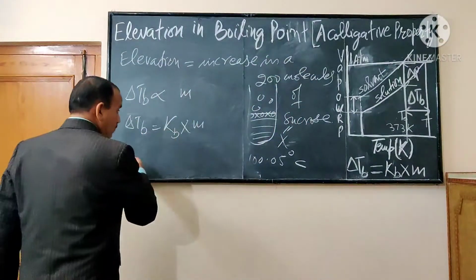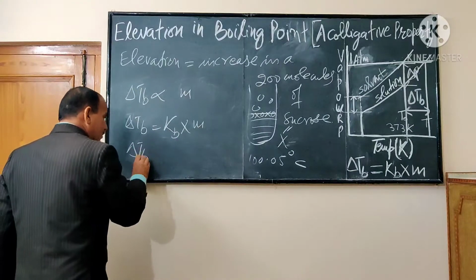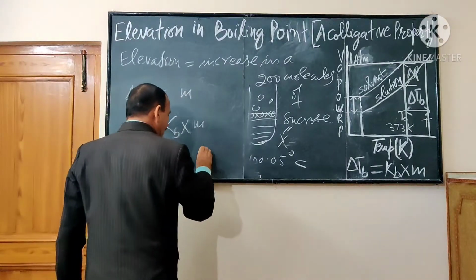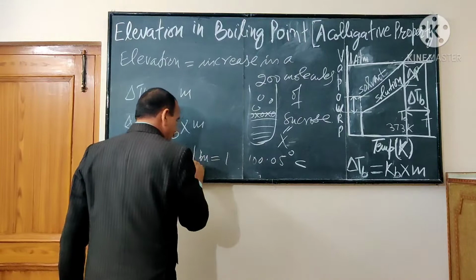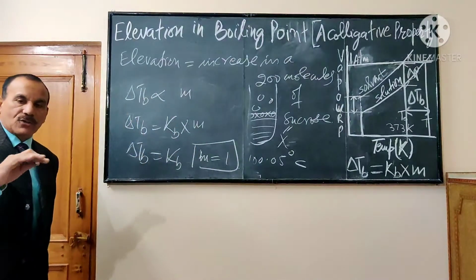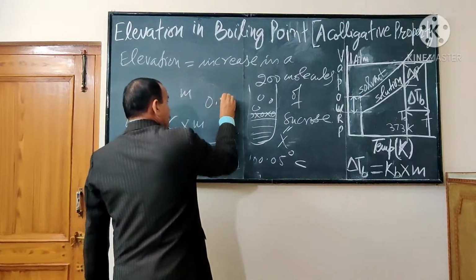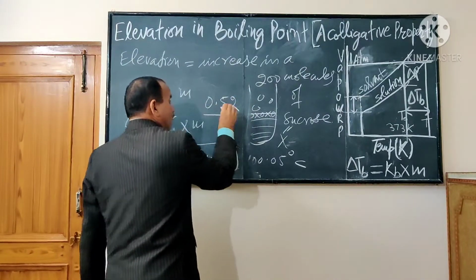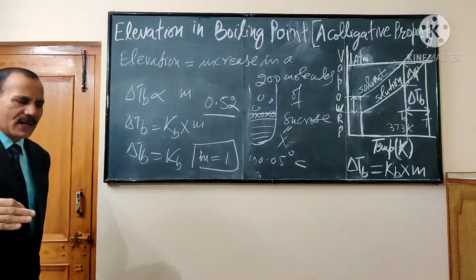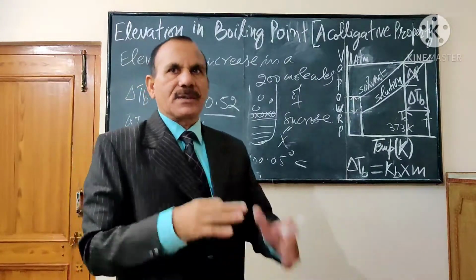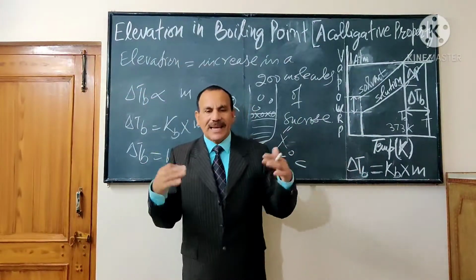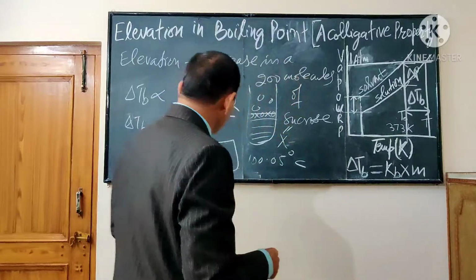And this delta Tb is equal to Kb when m is 1, when the solution is 1 molar, and in the case of water, the increase in boiling point is always 0.52, maybe degree Celsius or K, because the difference is always the same in Kelvin or in degree Celsius.